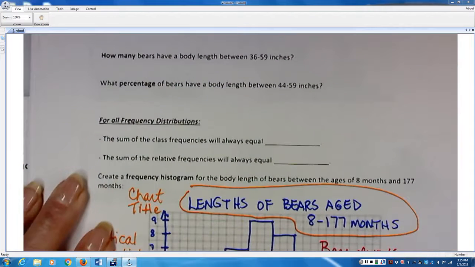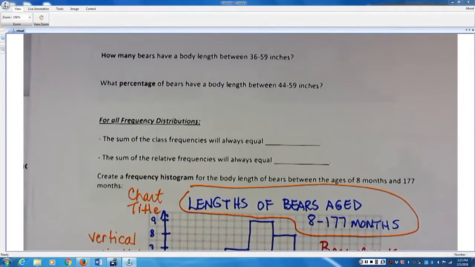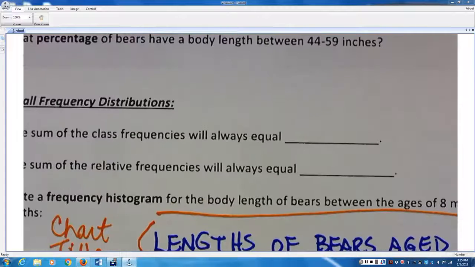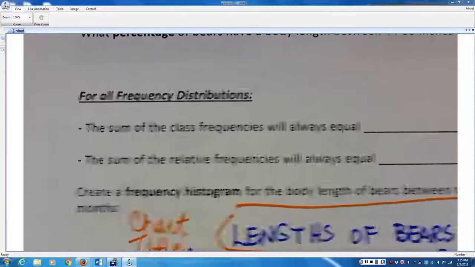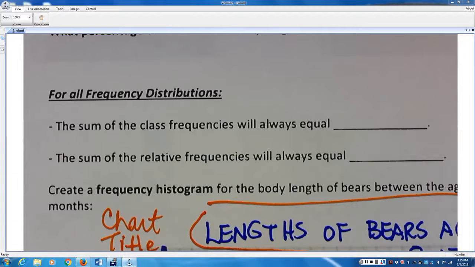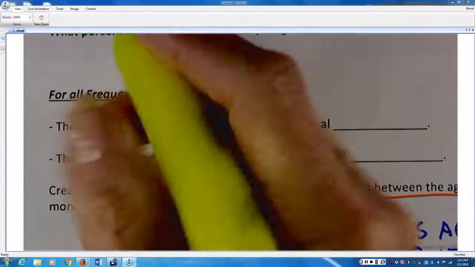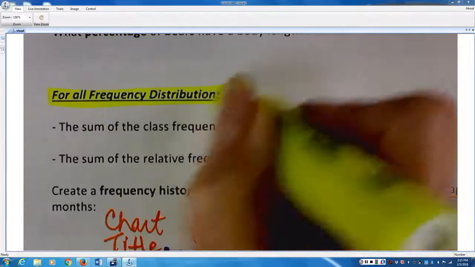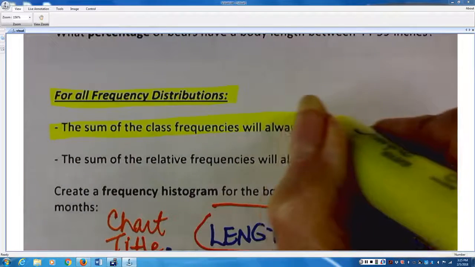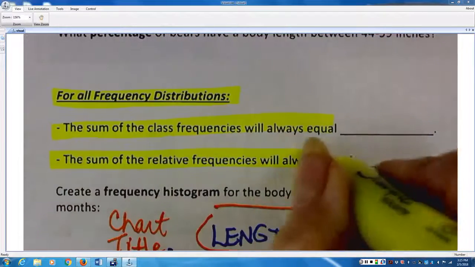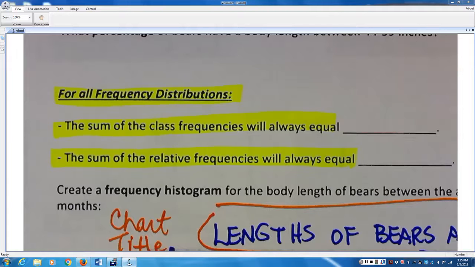And right up above that in your notes, this is very important. I want you to make a note of it. Because those are test and/or quiz questions. I guarantee you will see those questions on a test or on a quiz.